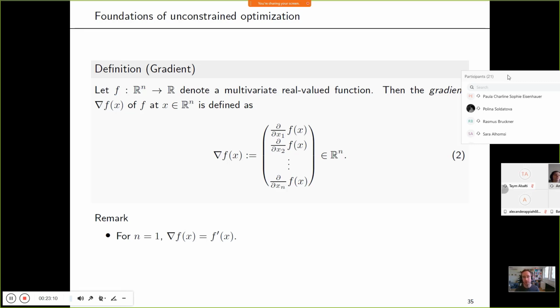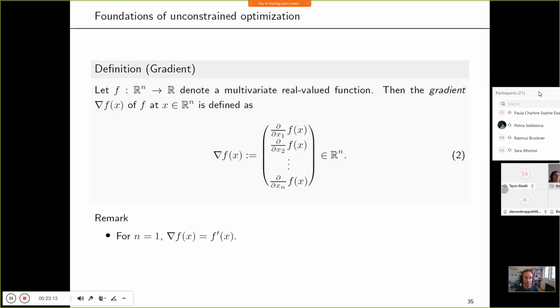So this is why when we talk about optimization, in first instance, the gradient is much more important than the Jacobian. And actually the Jacobian of a multivariate real-valued function is just the transpose of the gradient.